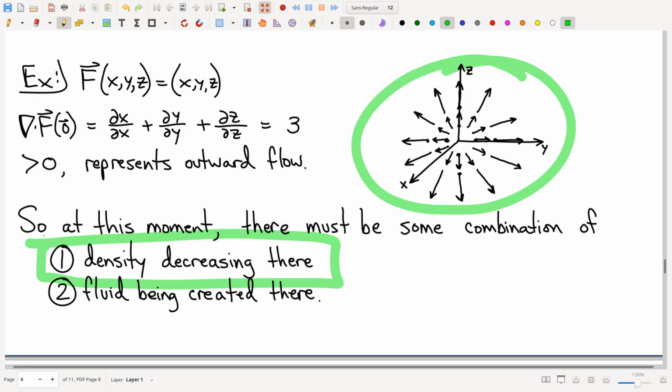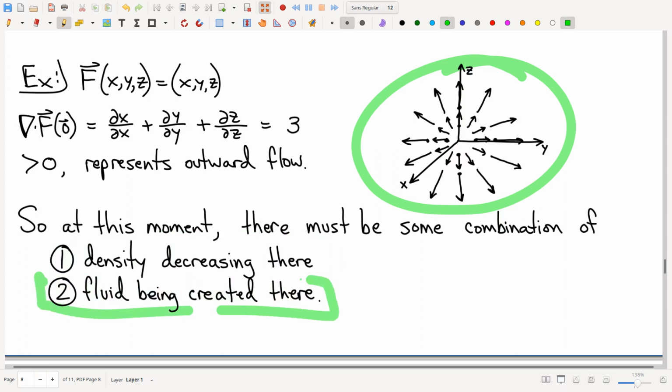And so you could view this as a representation of fluid evacuating the area and therefore leaving less fluid remaining. Okay.